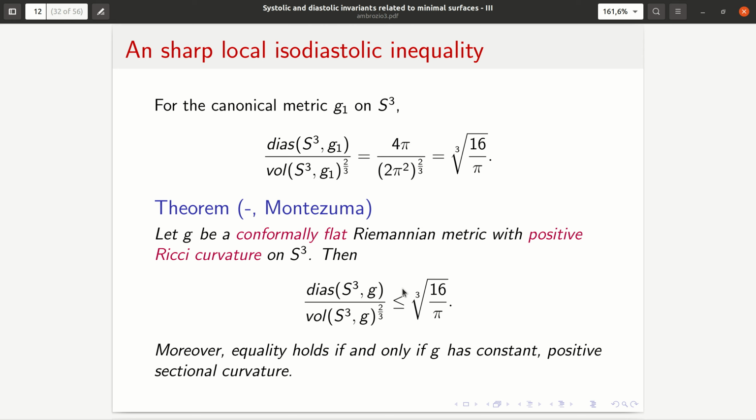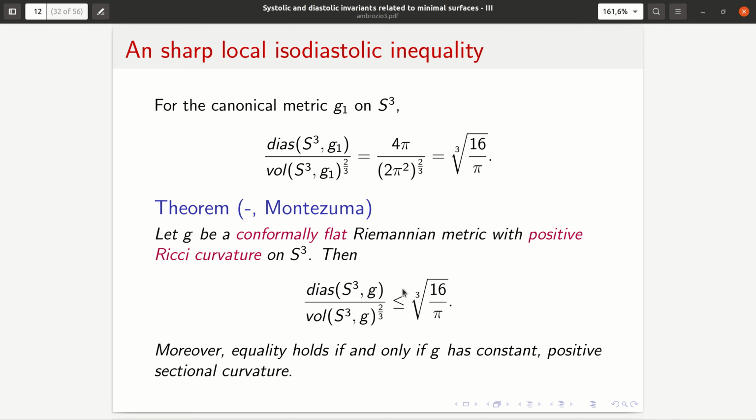Then the normalized diastole of such a metric on S3 is at most equal to the cubic root of 16 divided by pi. Moreover, equality holds if and only if g is a metric with constant positive sectional curvature.